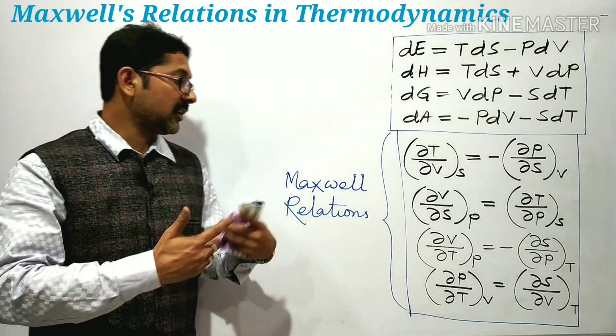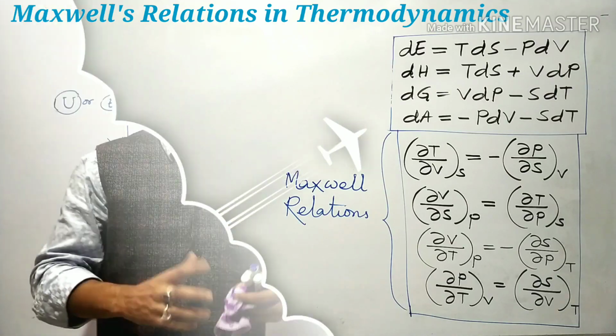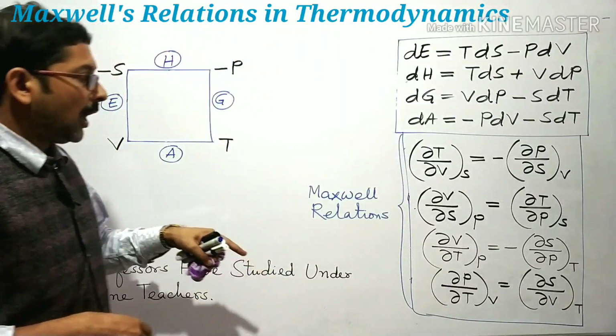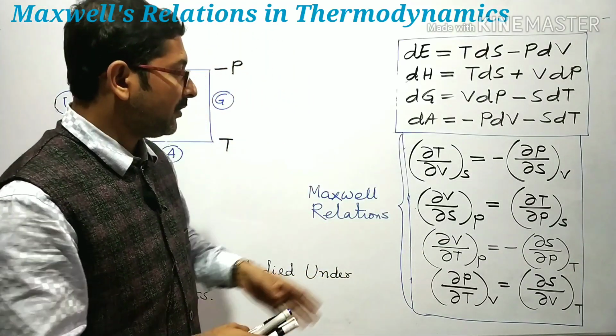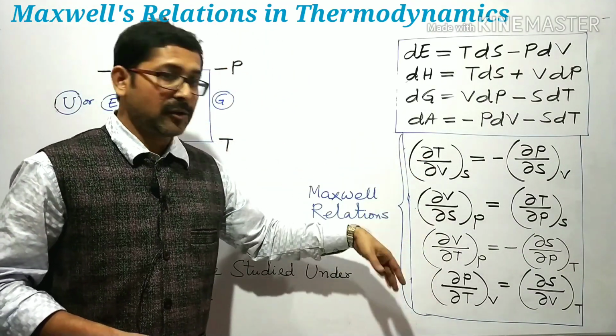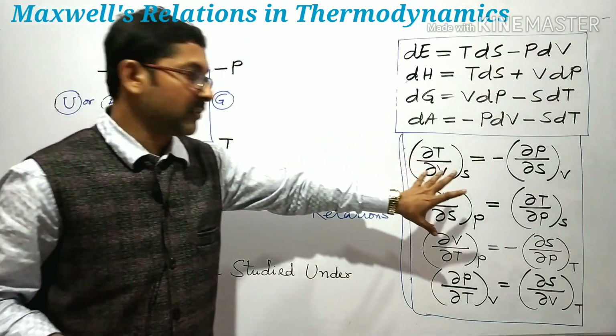Now the question is how the Maxwell relations can be memorized. These relations look very confusing, so we have to memorize these four relations.